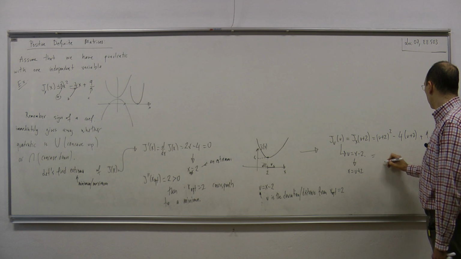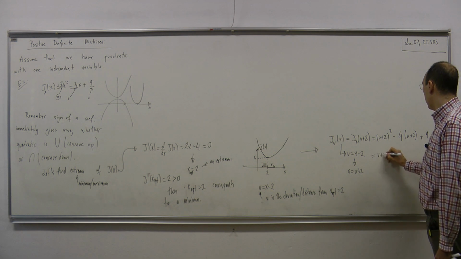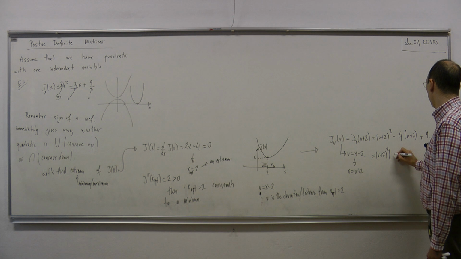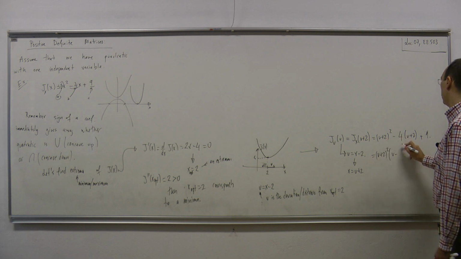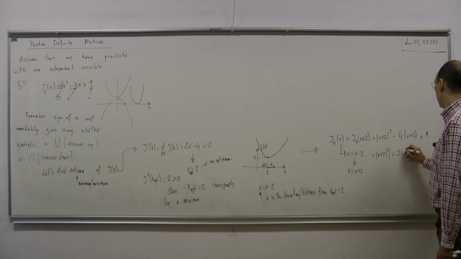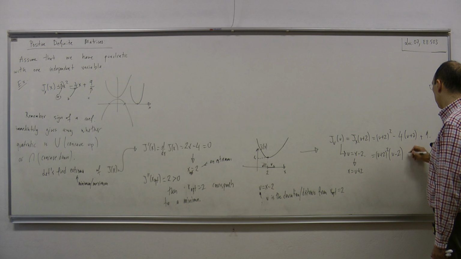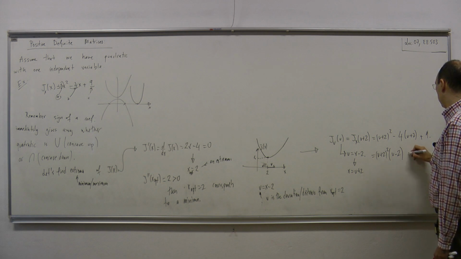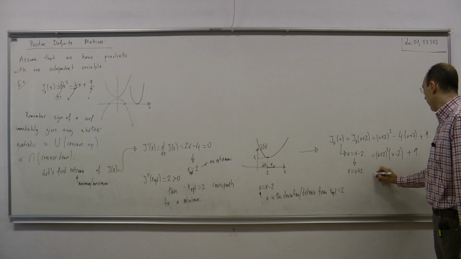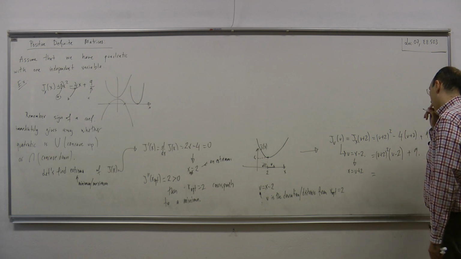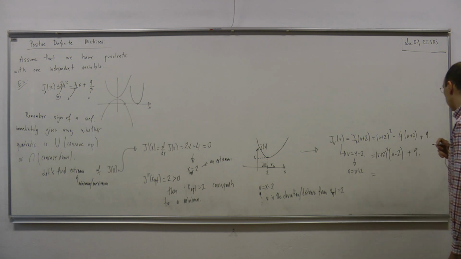Okay. So if you check this, I have u plus 2 squared, minus 4 times u plus 2, plus 9. Okay, so what do I have? I have something like this.